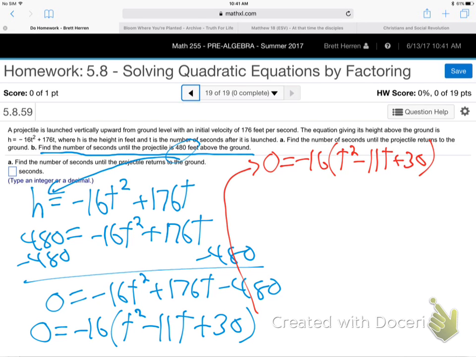Factor the rest. Does it factor nice? Oh, yeah. I just wasn't seeing it. I kept thinking 3 and 10 doesn't work, 2 and 15 doesn't work. Yeah. It's 5 and 6, right? 5 and 6.